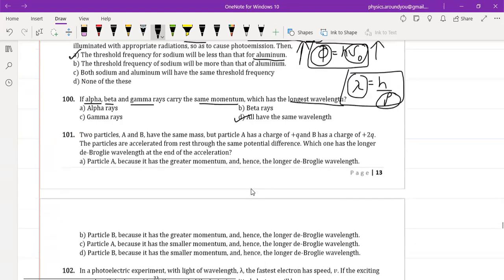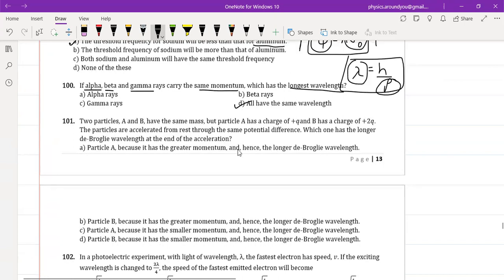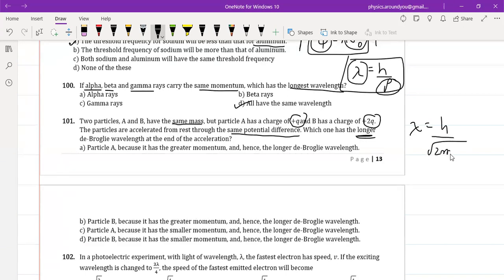Now moving on to question number 101. There are two charges, they have the same exact mass and they are accelerated through the same potential difference, but one has a charge of q whereas the other has a charge of 2q. Which one will have a longer de Broglie wavelength? We know lambda is equal to h by square root of 2mqV.